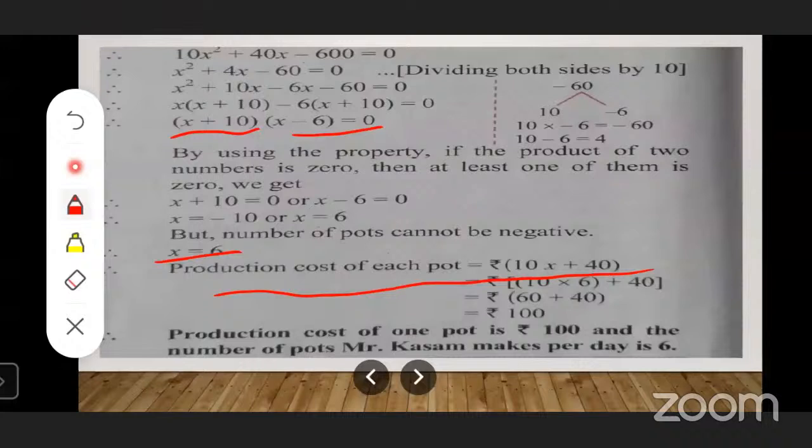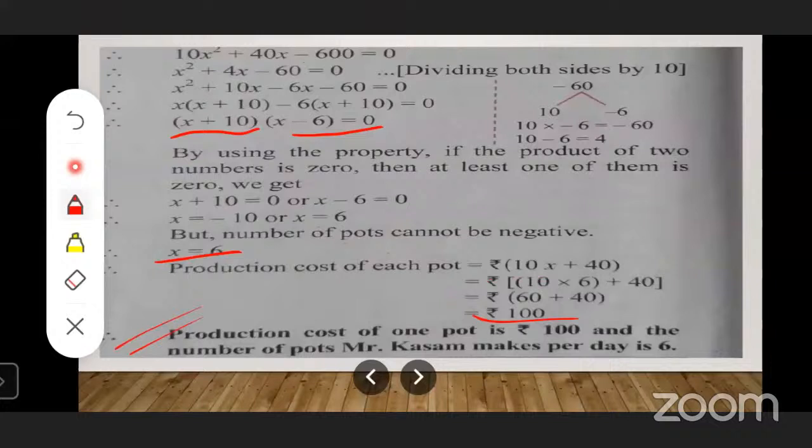So let us multiply: 10x means 10 into 6 plus 40. Further simplification, 10 into 6 is 60 plus 40, that is 100. So the production cost of each pot is 100.